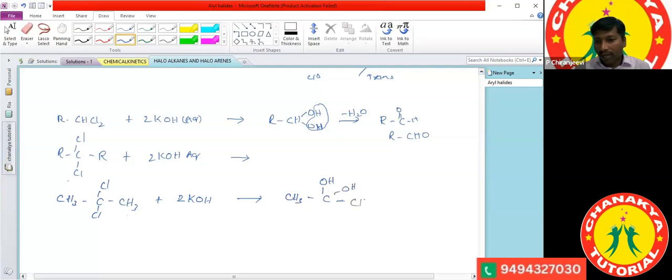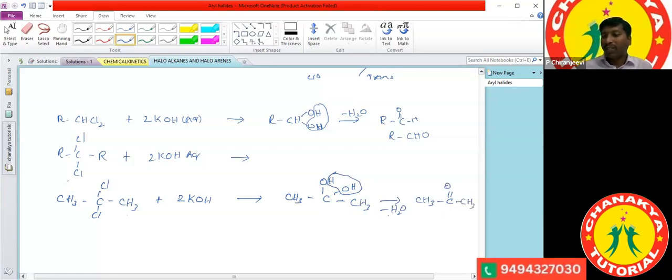The 2 hydroxy groups are unstable on one carbon atom. To become stable, they lose a water molecule. Again the double bond is formed between the carbon and oxygen. That means CH3-C double bond O-CH3.